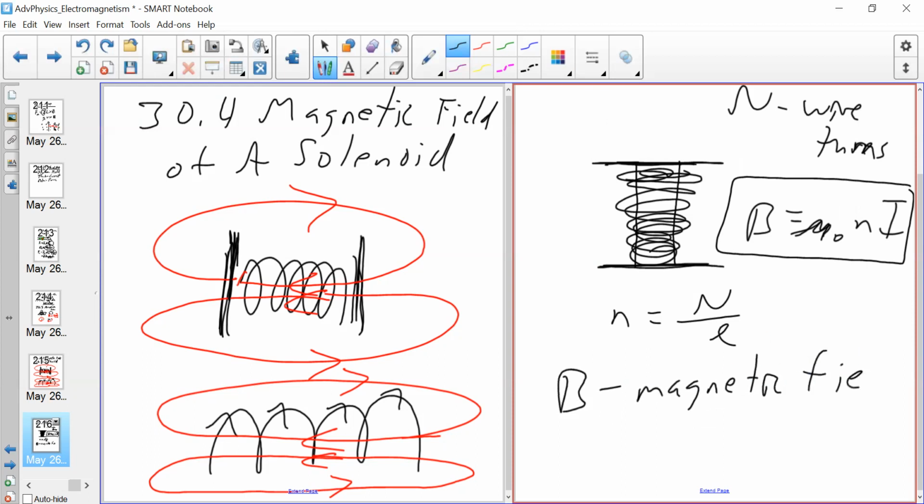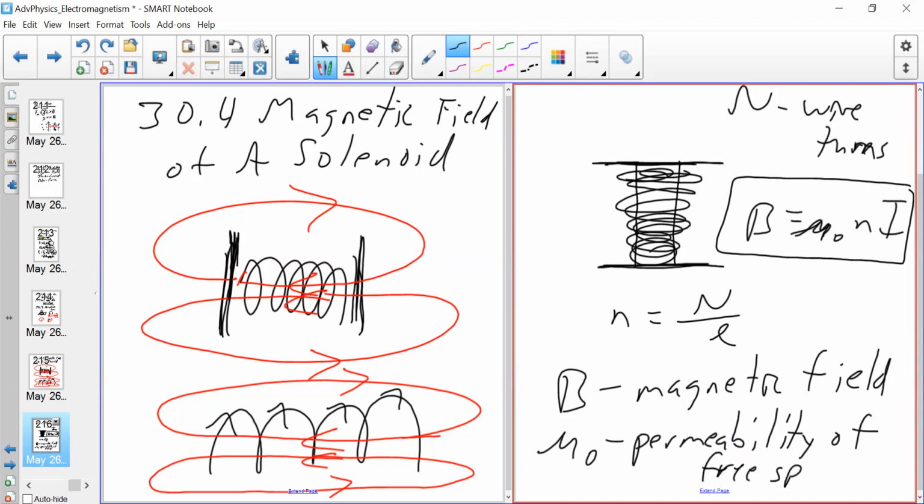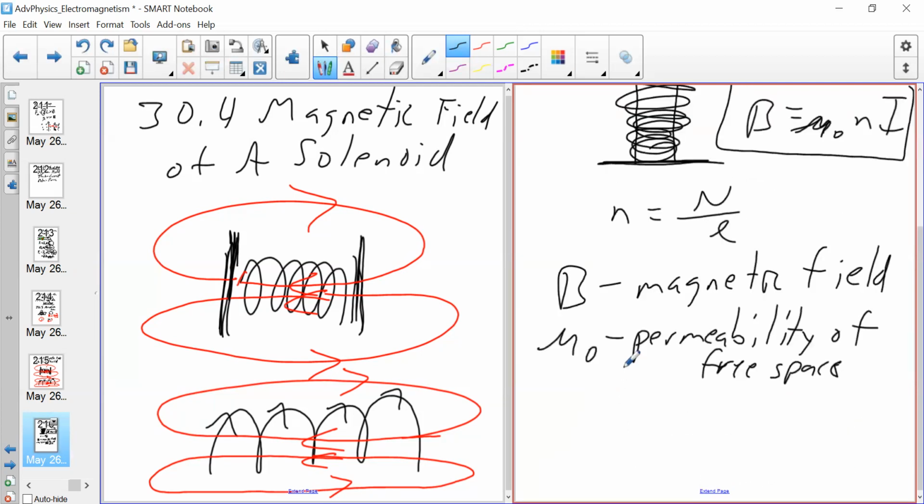This is the magnetic field, mu naught is the permeability of free space. Yet another constant.